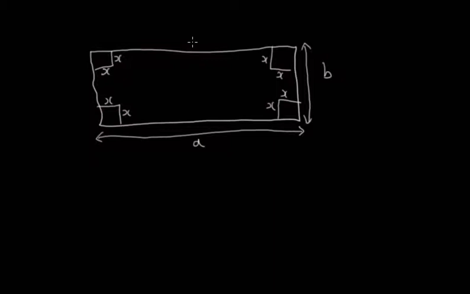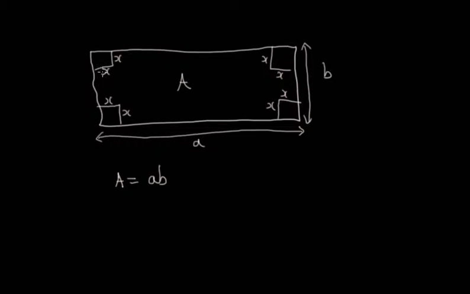Find the formula for the area A centimetres squared, so we want the area remaining after the removal of the 4 squares. So let's think. The area of the rectangle before anything has been taken out is going to be AB.